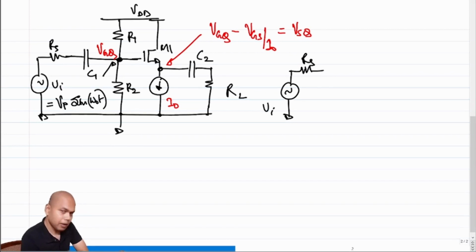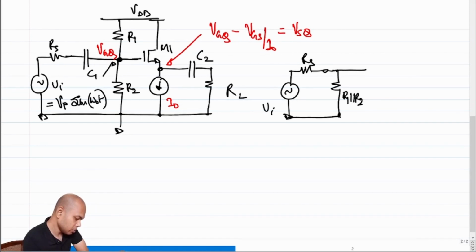Rs, capacitor shorts, right? Because we assumed them to be large enough to be treated as infinite valued. This is R1 parallel R2. This is the gate voltage Vg. This is our transistor, right?